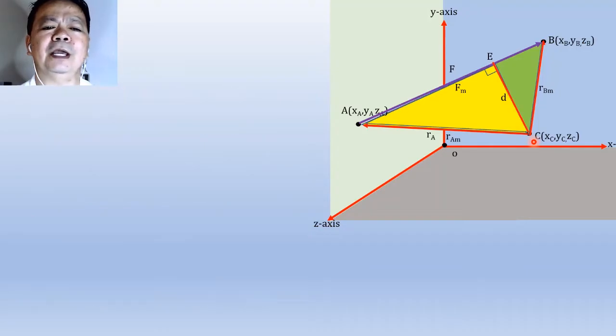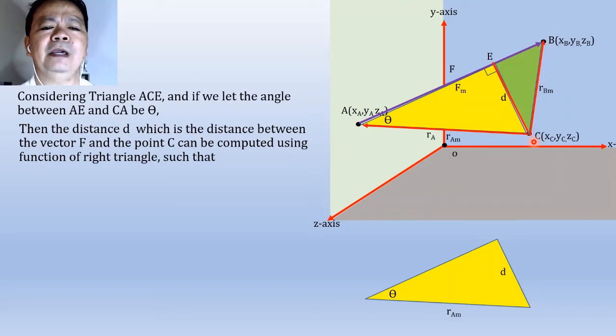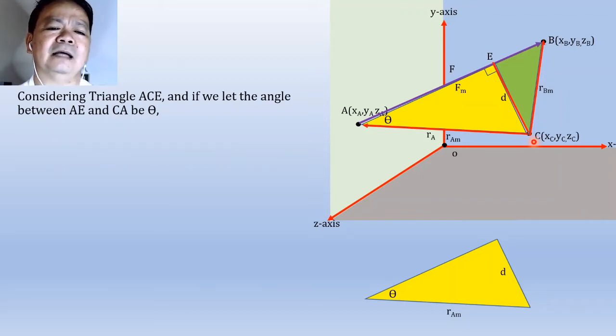Now considering triangle ACE, if we let the angle between AE and CA be called theta, then let us imagine that that angle is theta, with the opposite of that being D, while this distance shall be our RAM.